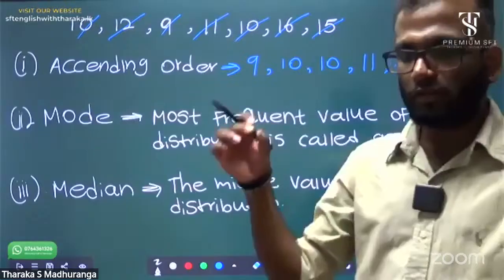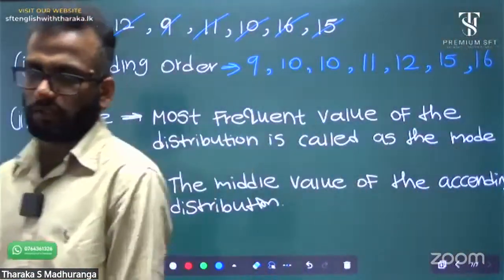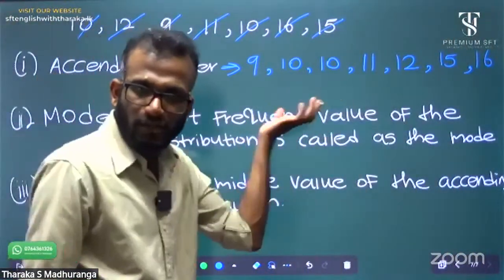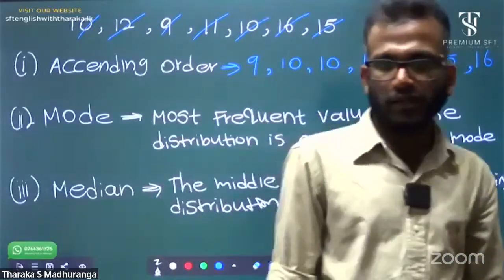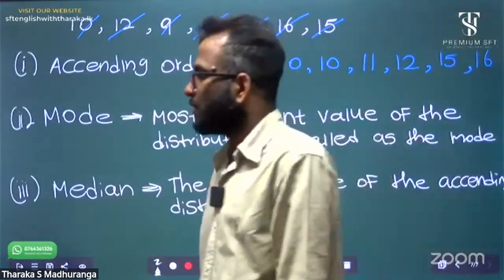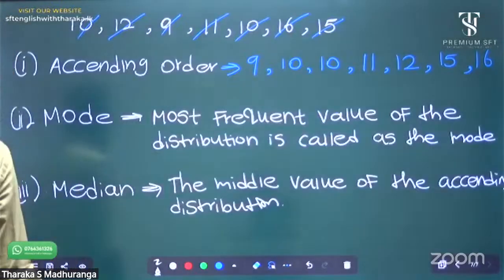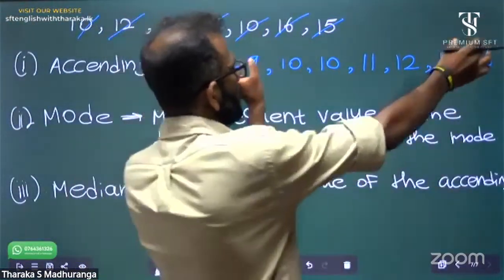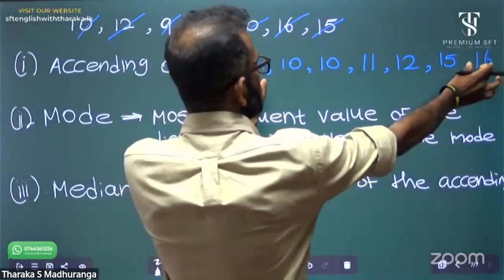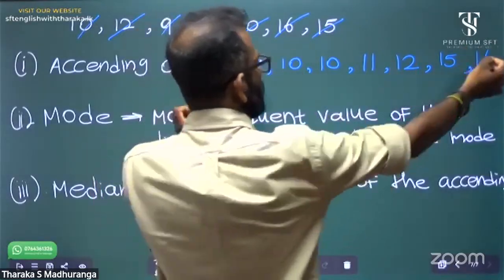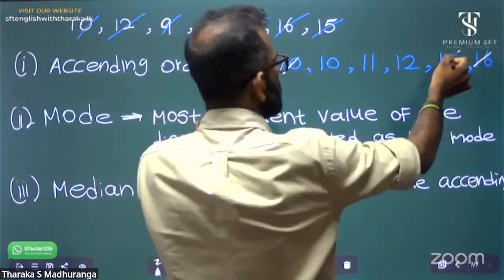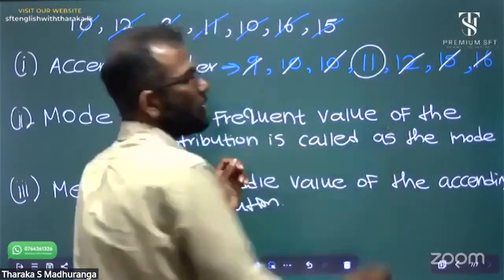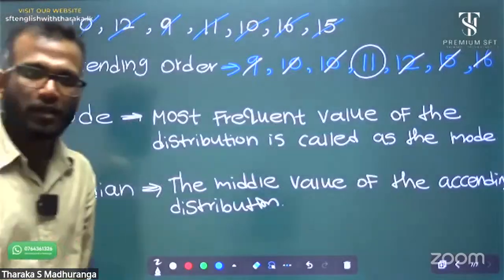Ascending distribution means one pre-prepared in ascending order. Okay, how to calculate the middle value? Manually you can get the middle value. 11 is the middle value.